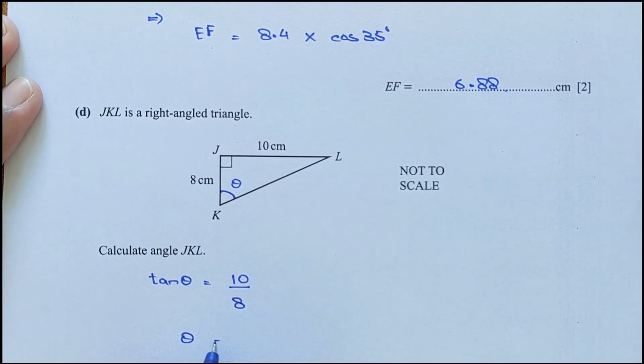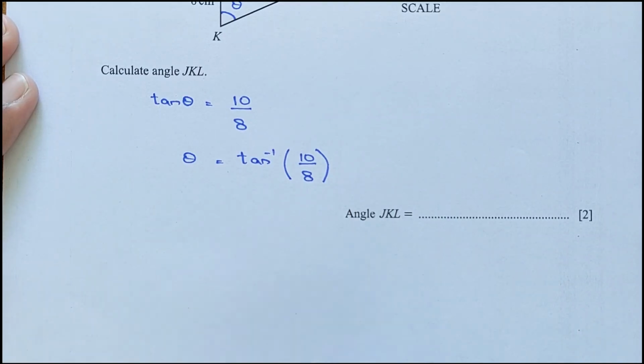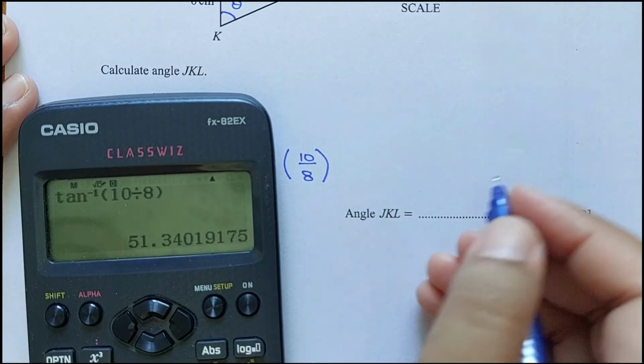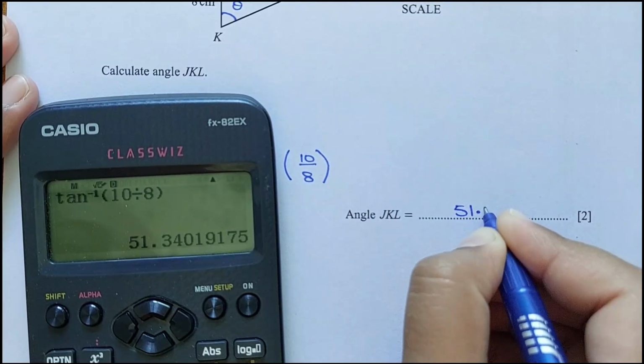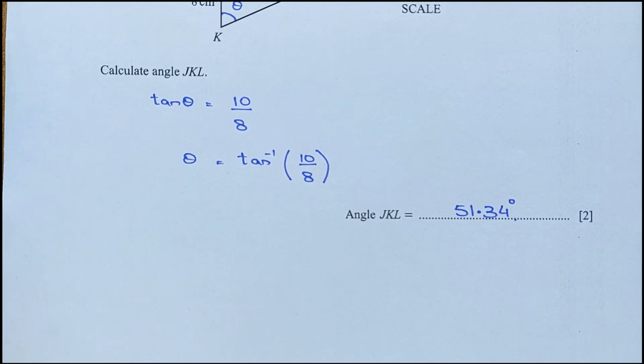So theta is tangent inverse of 10 by 8. Tangent inverse of 10 divided by 8 is 51.34 degrees. That was the last question of our paper.